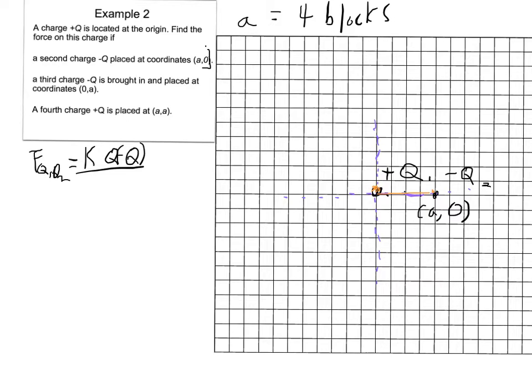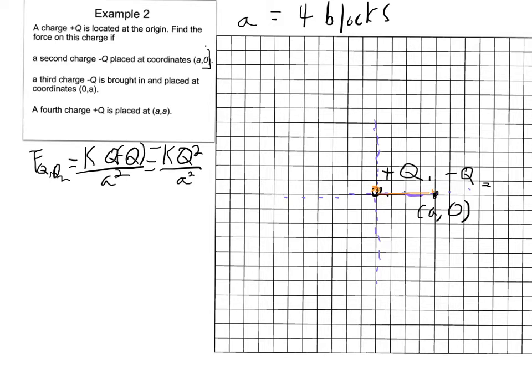So over a squared. And in fact, that would be my answer. It would be k, since the q's are the same, q squared over a squared, and negative since one of them is negative. But that's dealing with direction, and we can easily find that out.